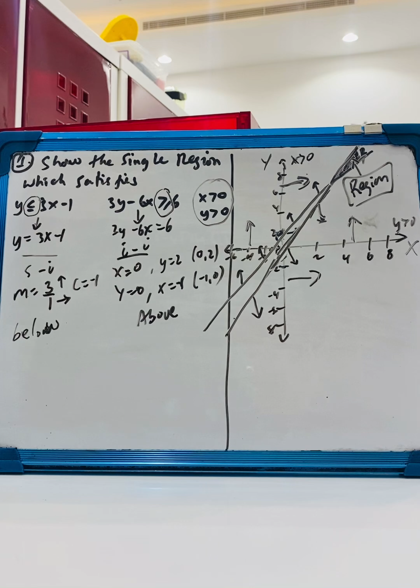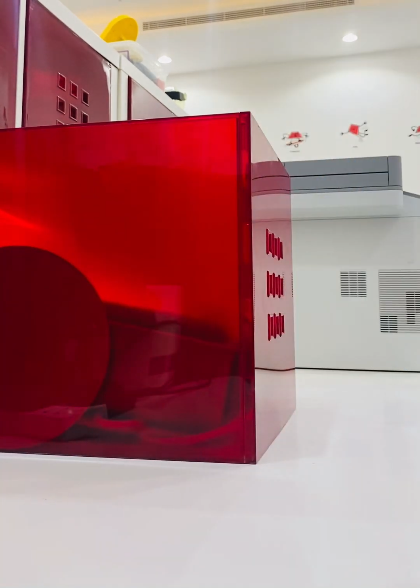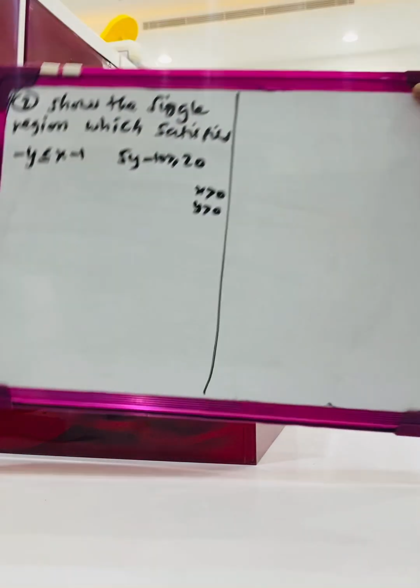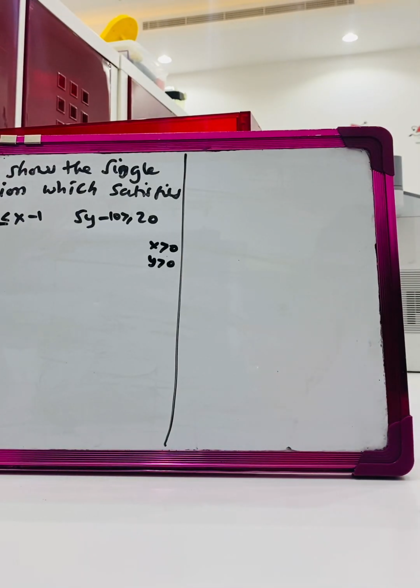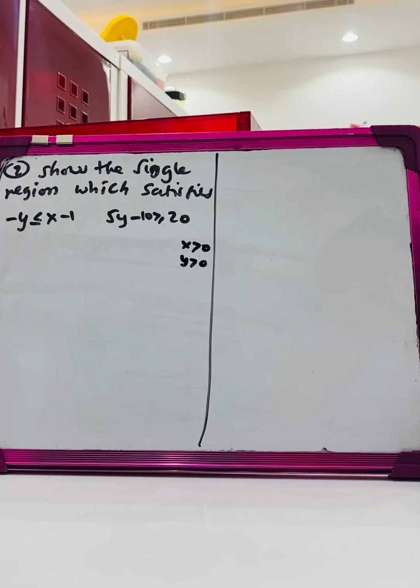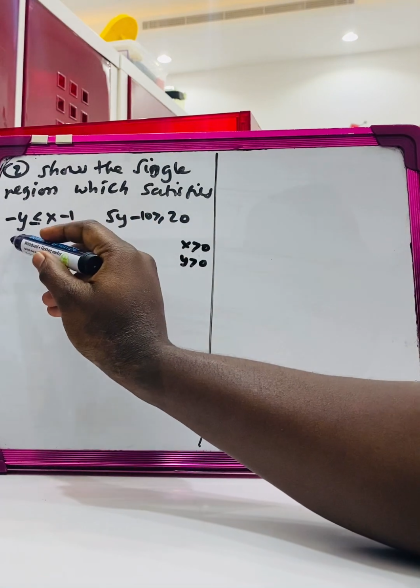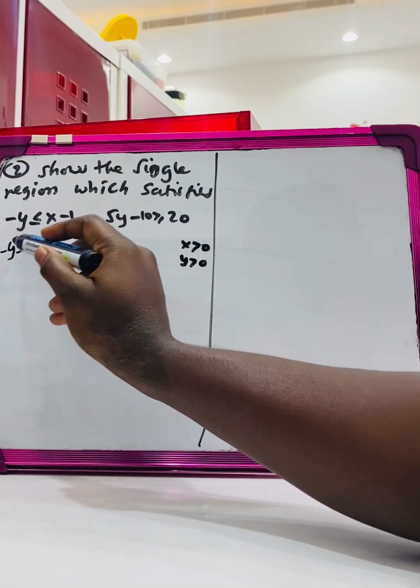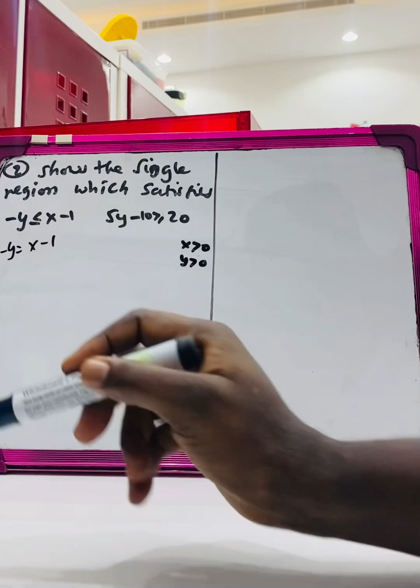I'll take another example so we can get the concept. This time it says to show the single region which satisfies these 4 conditions. I have negative y less than or equal to x minus 1. So my boundary here is negative y equals x minus 1.